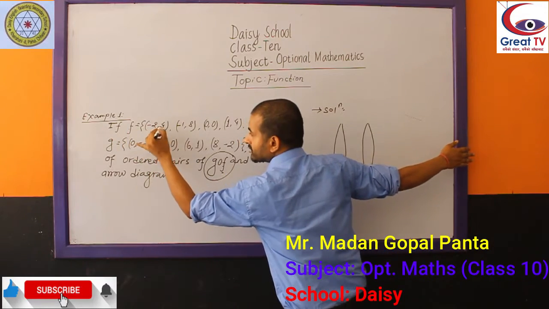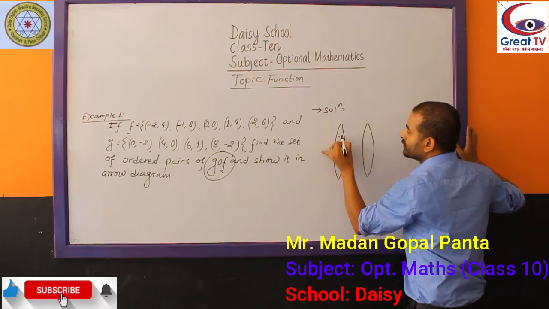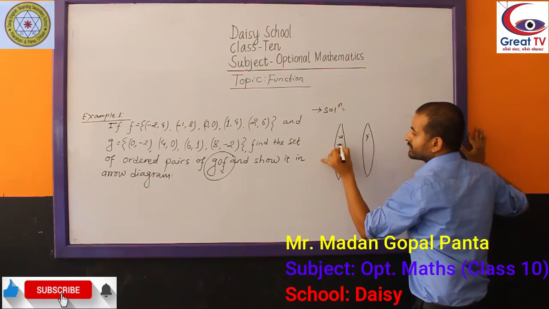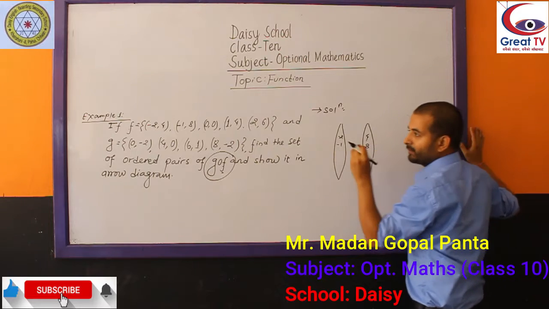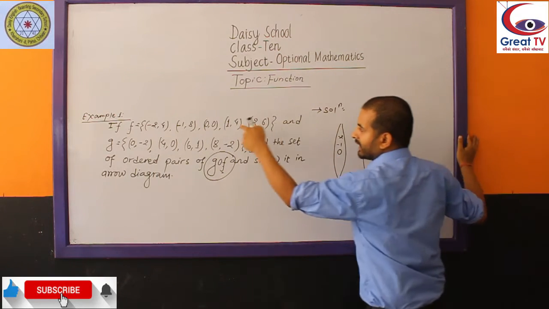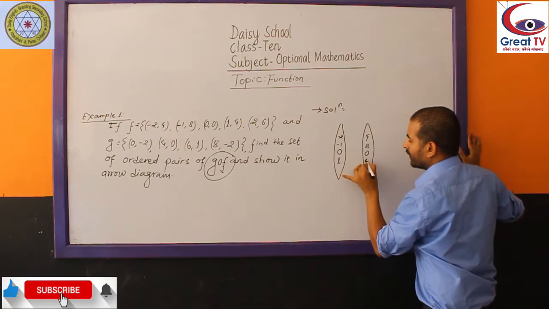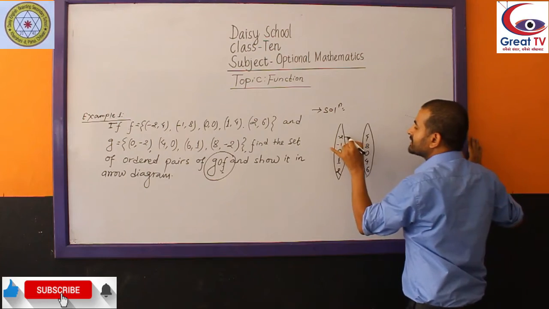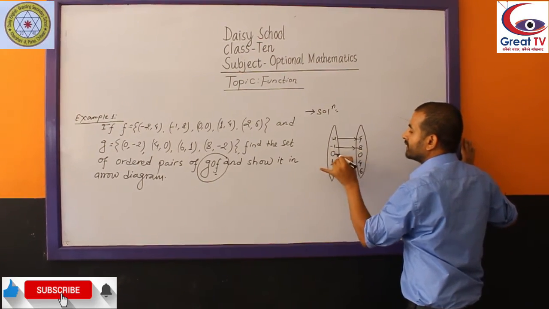Look here: -2, 4. Next, -1, 8. It is quite small, please look carefully. 0, 0. Second, 1, 4. Again, 2, 6. This is the function f.